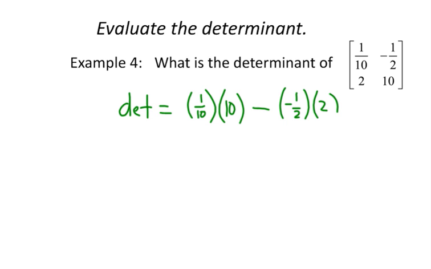Now, the determinant is equal to, we know when you have a whole number, it's 10 times 10 times 1, excuse me. So we have 10 over 10. I'll break it down a little bit this time, right?